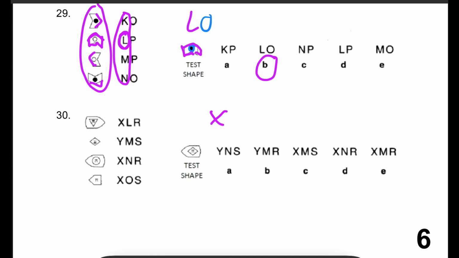Now to the second letter. They've all got a different second letter, so let's move on to the third letter. These two both have an R as the third letter, and they both have the same size shape, whereas these two are both smaller.